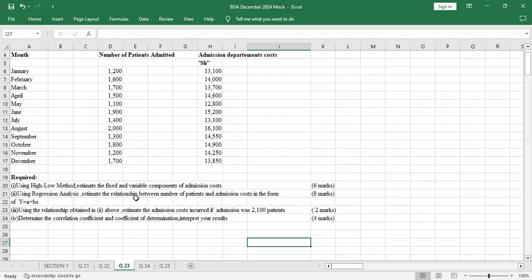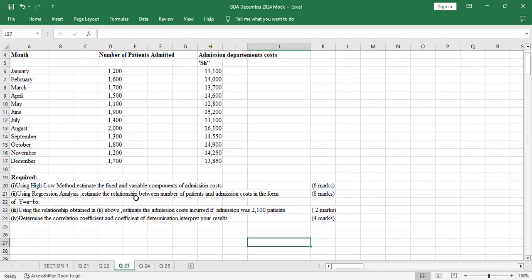Roman 4, determine the correlation coefficient and coefficient of determination. Interpret your results. So we'll do this question. We'll do a working on this question.